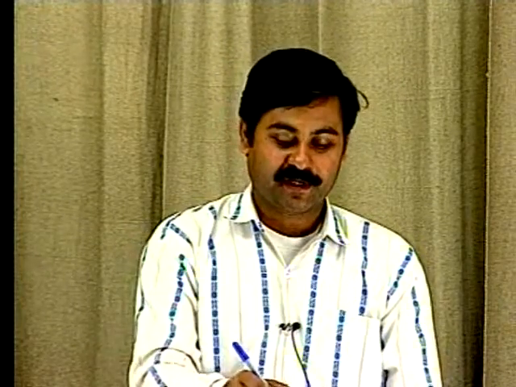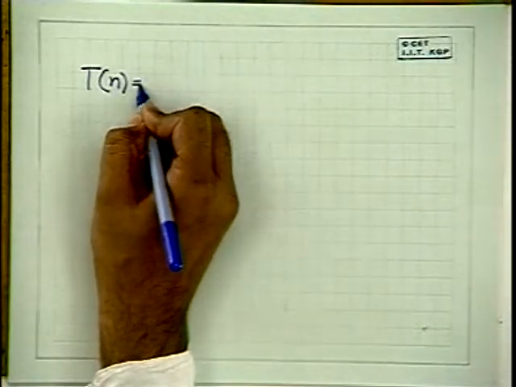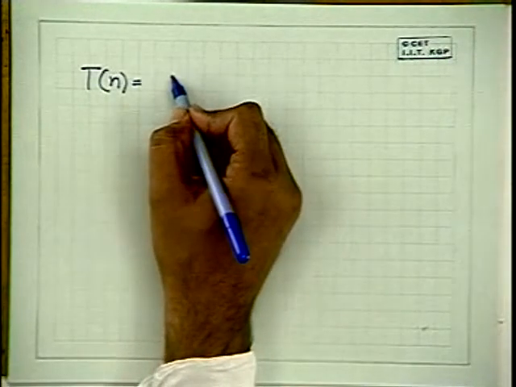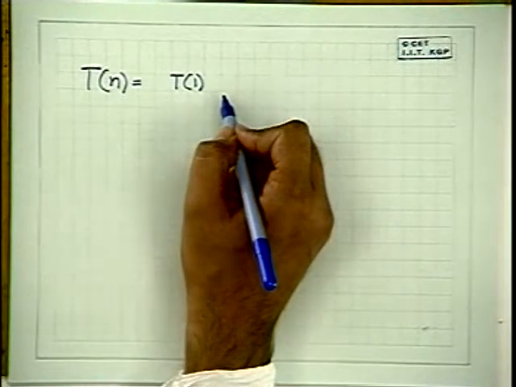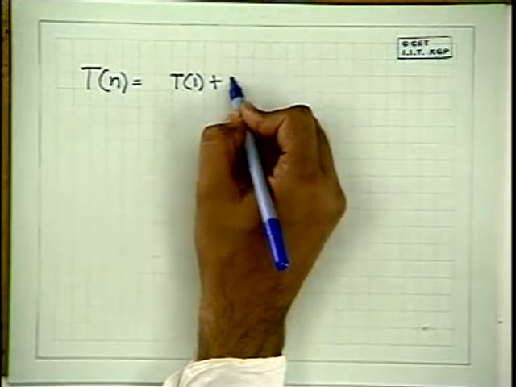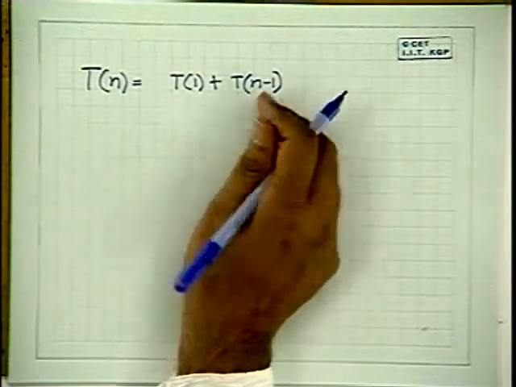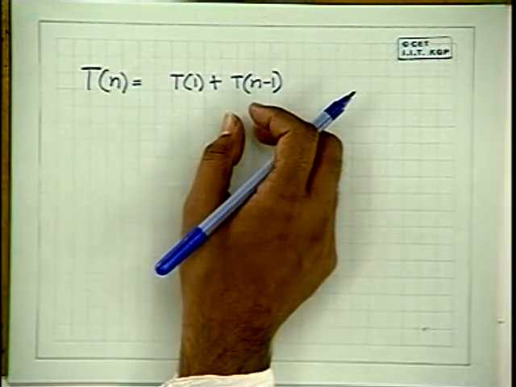What is the time complexity of the random partition? Tn is equal to T1. Remember, we are trying to do an average case analysis. So T1 plus Tn minus 1 is one case. I just take care of this one separately, when AP is the smallest.